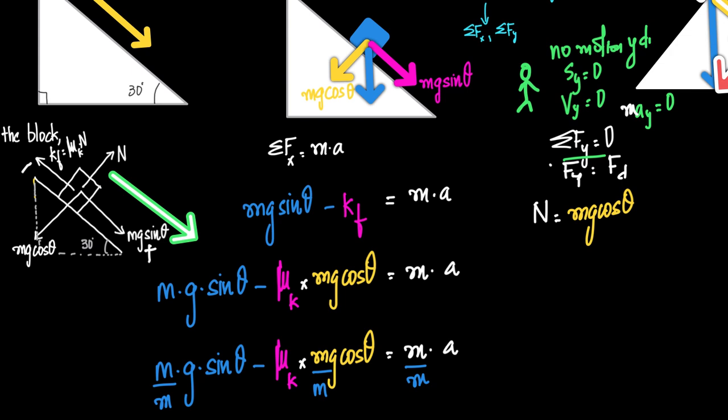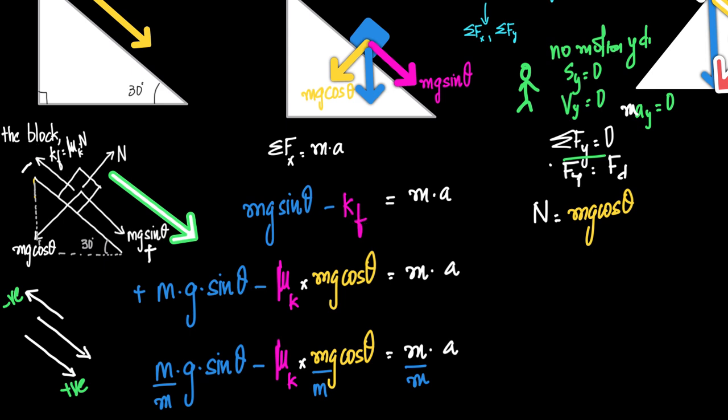Let's do that one more time. This is the net direction of motion. There is one force acting along it and another force acting against it. So that force would be taken as negative, and the one acting along would be taken as positive. Since mg sin theta is acting along the direction of motion, we'll take mg sin theta as positive. And since kinetic friction is acting against the direction of motion, we'll take that as negative.